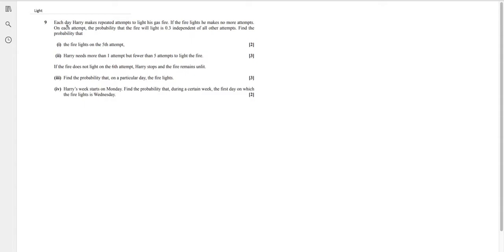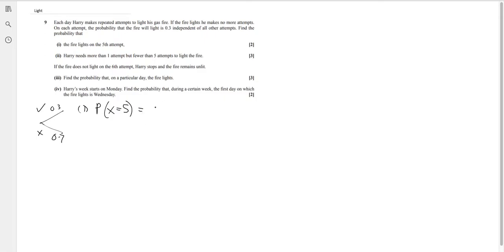Okay, first one, fifth attempt. So the probability to light is 0.3, and not to light is 0.7. The first question is P(X = 5), the probability when X equals 5.